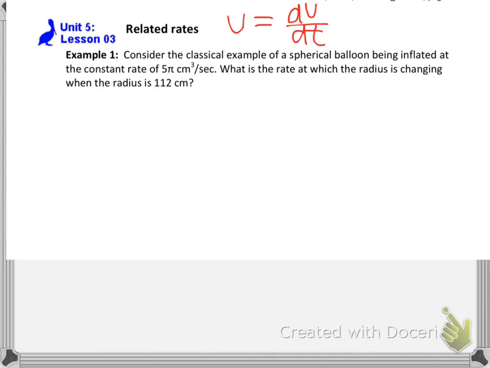First thing is this balloon is being filled up with a constant rate of 5 pi cubic centimeters per second. So you'll get pretty good at recognizing this stuff with a little bit of practice. So this constant rate is in cubic centimeters, so that's a volume measurement, and it's being inflated at a constant rate. So that's going to be our rate, is going to be our dV with respect to time, right?